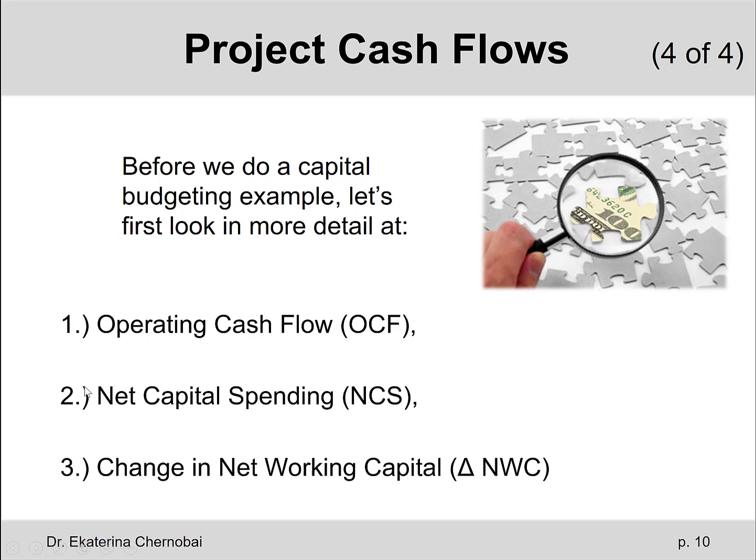Then we will look at net capital spending, what's included, what's the formula we use there, how do we calculate the net capital spending. And then finally, what is meant by change in net working capital. So we will have a few examples for each of these parts of the slides.